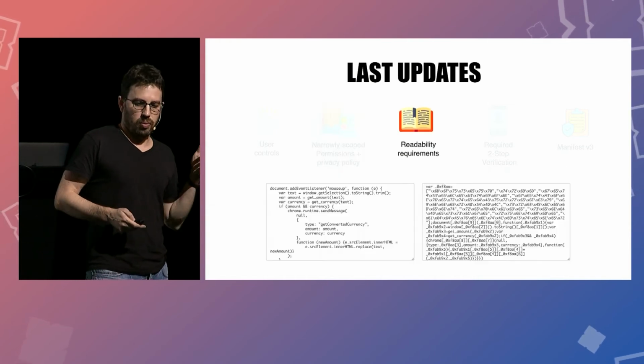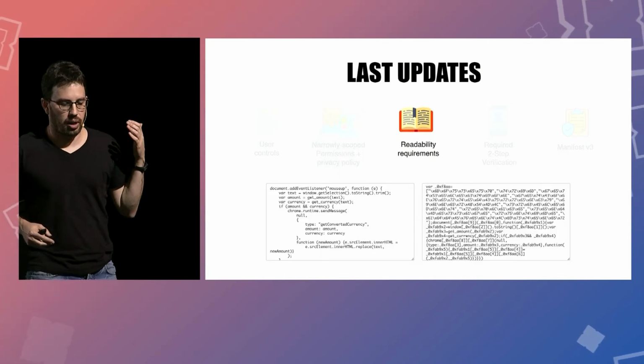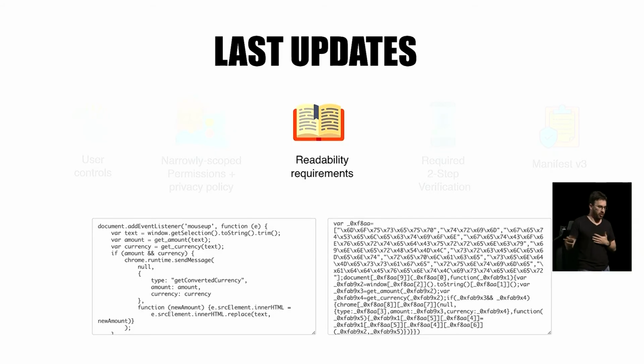They also restricted any use of obfuscation, as we saw before. So you can't use obfuscation anymore. You can still use minify or things that will make your code more efficient, but nothing that deliberately makes your code unreadable.